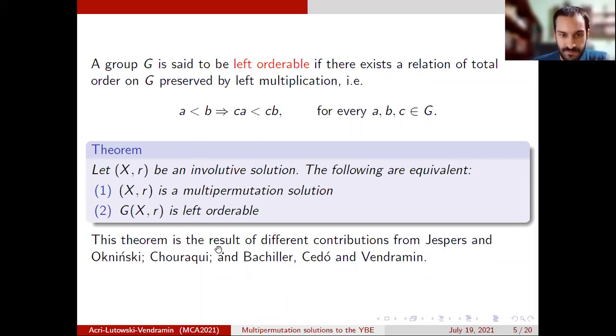This first implication was known from independent results of Jespers and Okniński and Shuraki. A more difficult study was needed to prove the equivalence. The work of Bachiller, Cedó, and Vendramin proved the other implication using a more geometric approach. And we'll need this theorem in just a moment.